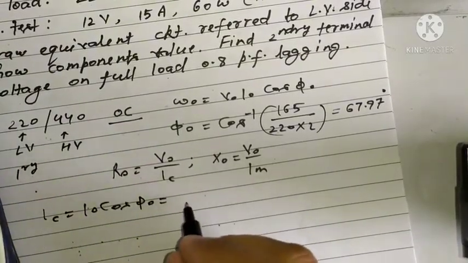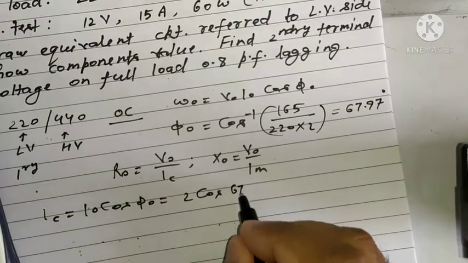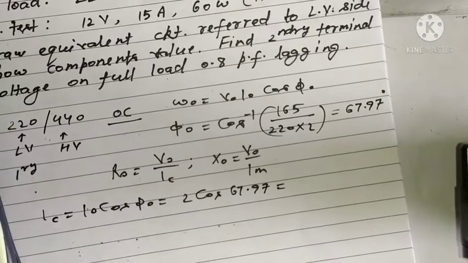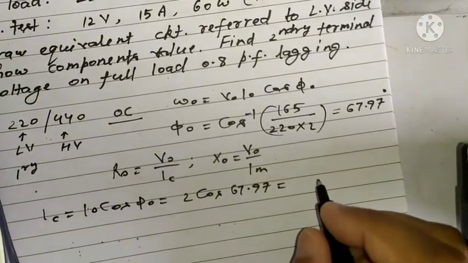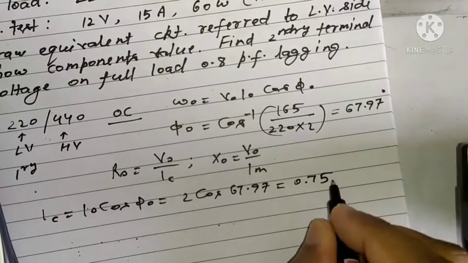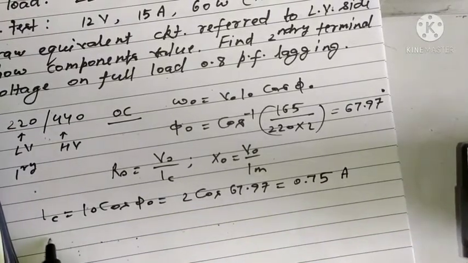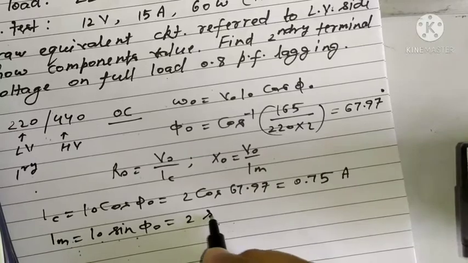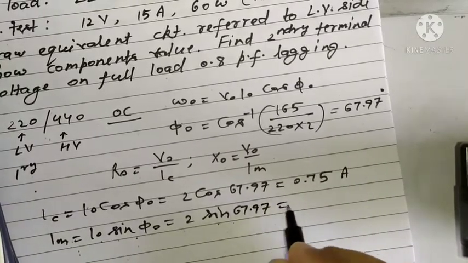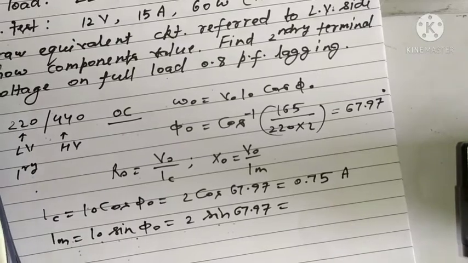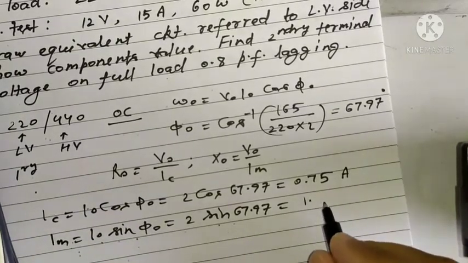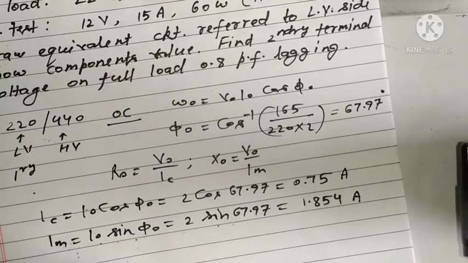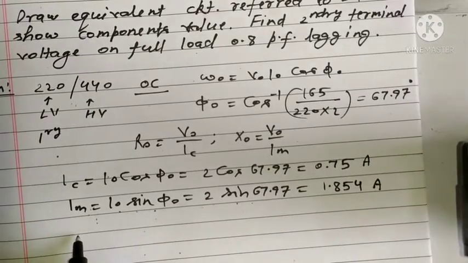Putting this value, it will be 2 cos 67.97, which comes as 0.75 ampere, and IM will be I naught sin phi naught, which will be 1.854 ampere.